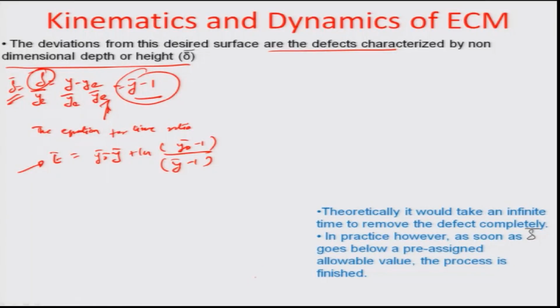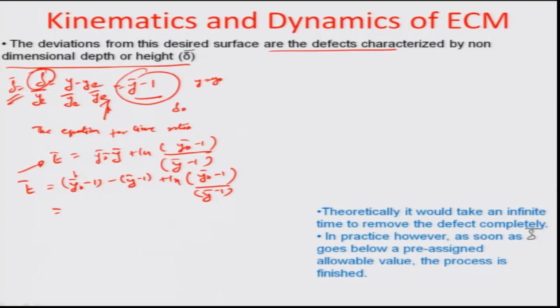Therefore, this equation can further be written down as y 0 dash minus 1 minus (y dash minus 1) plus the natural log of y 0 dash minus 1 by y dash minus 1. This can be assumed to be a condition where y equals y 0.